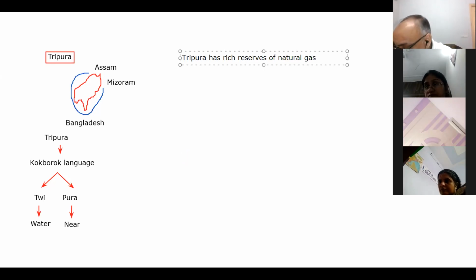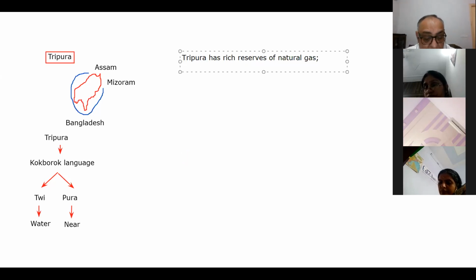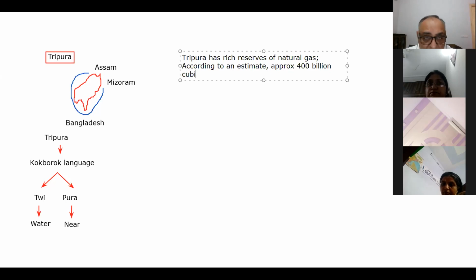According to an estimate, approximately 400 billion cubic meter of natural gas reserves are there in Tripura.